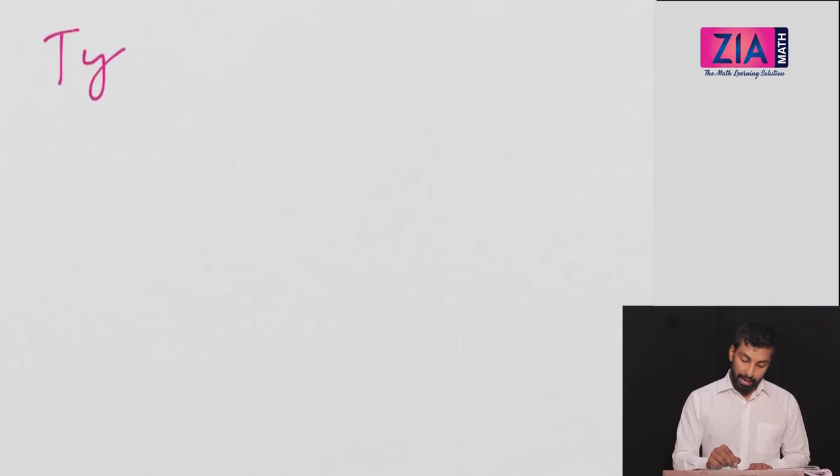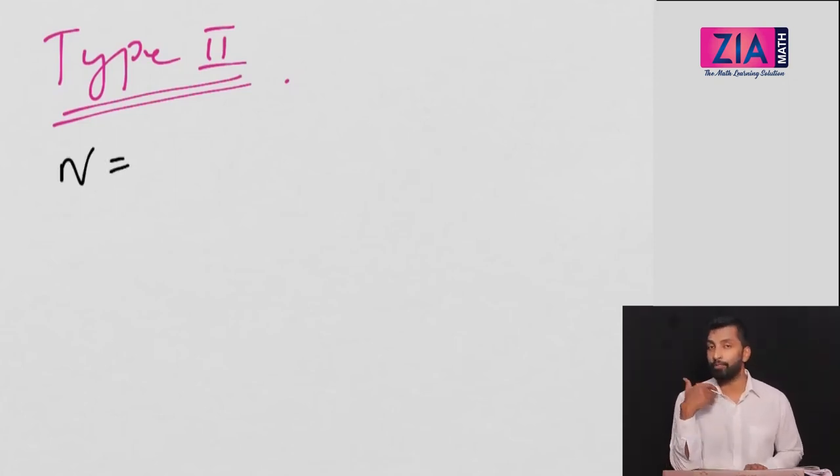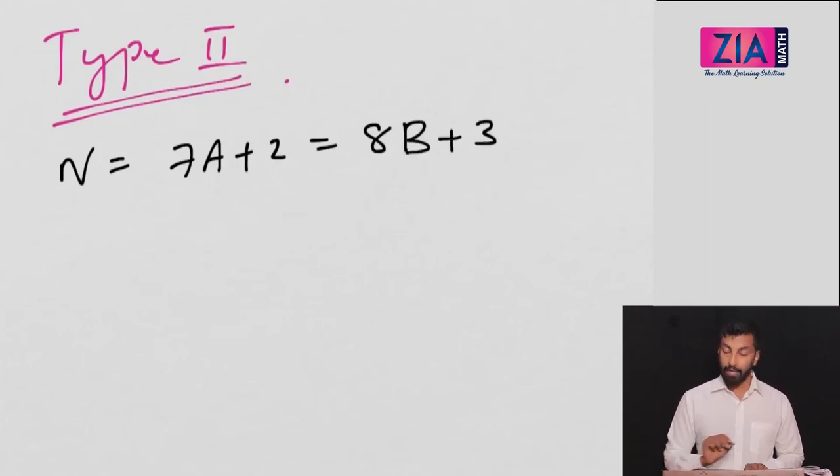Now let's look at the next type, okay? So you can mark it as type 2. Let's understand what this type is. I give you a question, n is equal to, it can be put in different words, right? I have a number which when divided by 7 leaves a remainder 2, which when divided by 8 leaves a remainder 3.